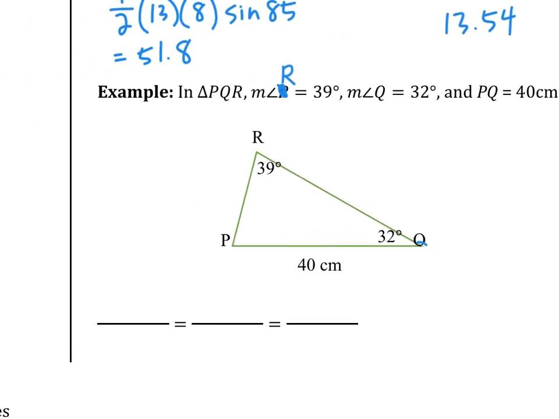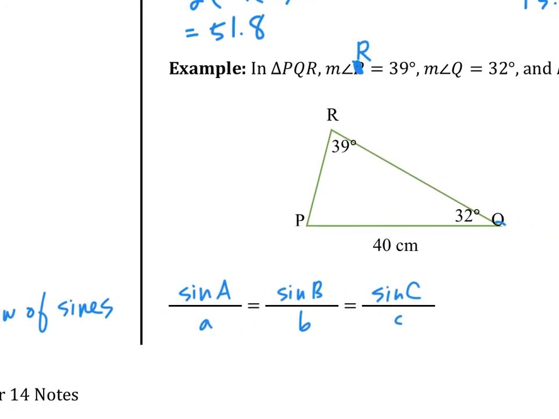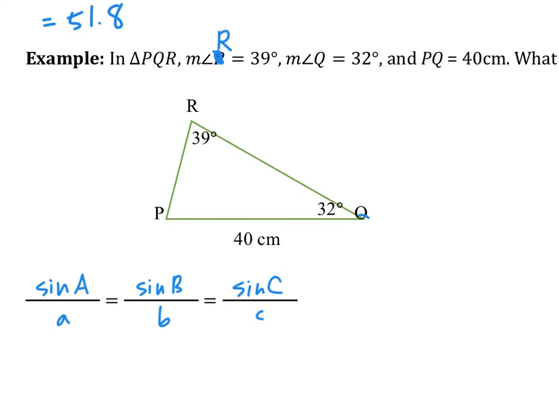Well, we're going to learn this other thing. It's called law of sines. Law of sines is pretty easy. It just says the sine of an angle over its opposite side is the same throughout the whole triangle. So if you know the ratio of one angle to the opposite side, you can keep that ratio the same for the entire triangle.